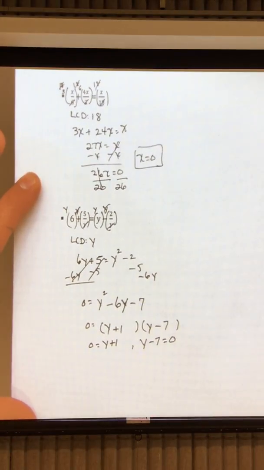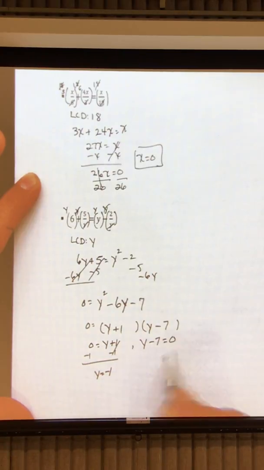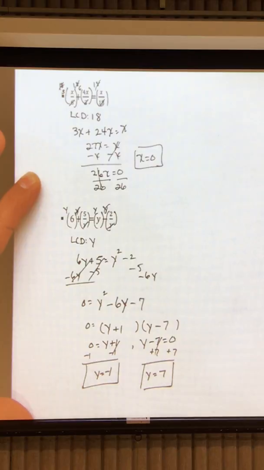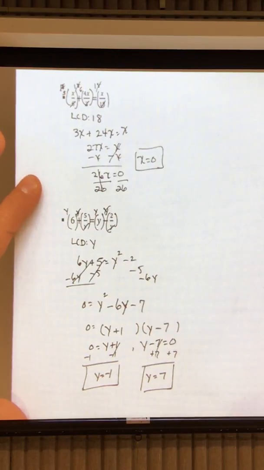Solving for y, we have y is equal to negative 1, and y is equal to 7. And these are our solutions, negative 1 and 7.